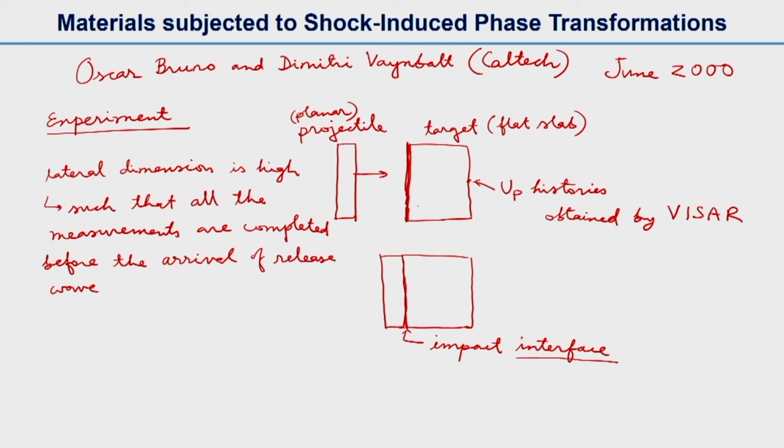That means when you hit the target, the shock wave will propagate in this direction, but there will be some release waves from the lateral surface. We do not want any interaction from these release waves, so we assume the lateral dimension is very high, so that the release waves cannot interact with the primary shock wave.